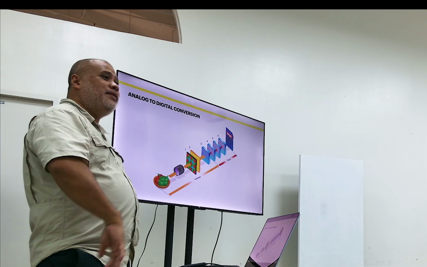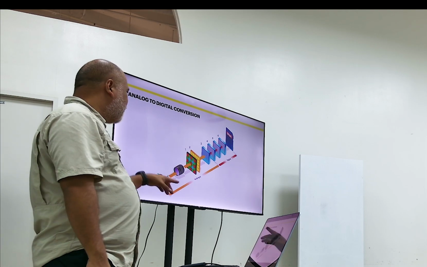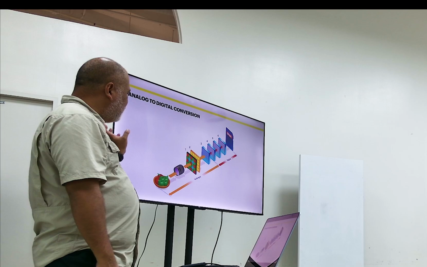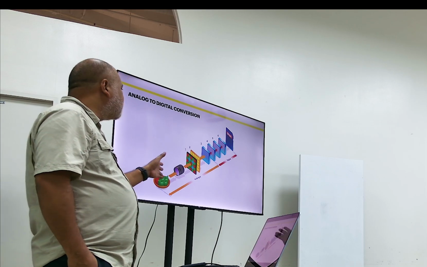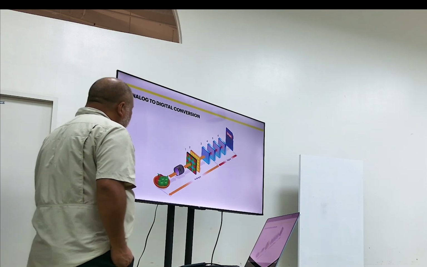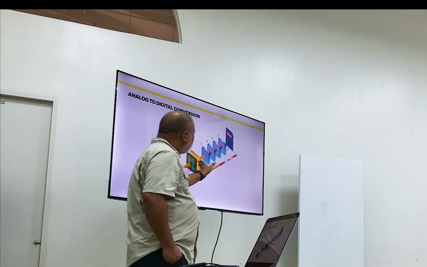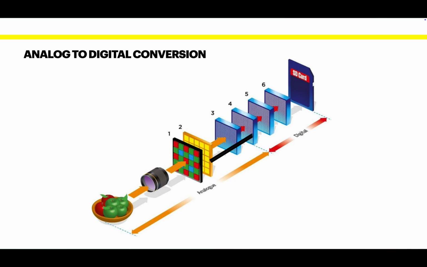Everything's analog here. After being captured through the lens, the light goes to a sensor. The sensors are sensitive to red, green, and blue.